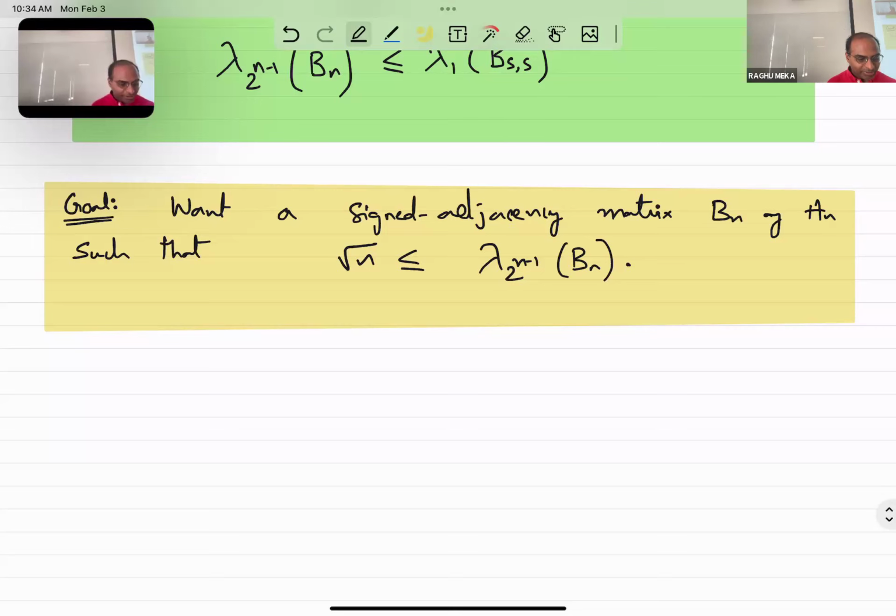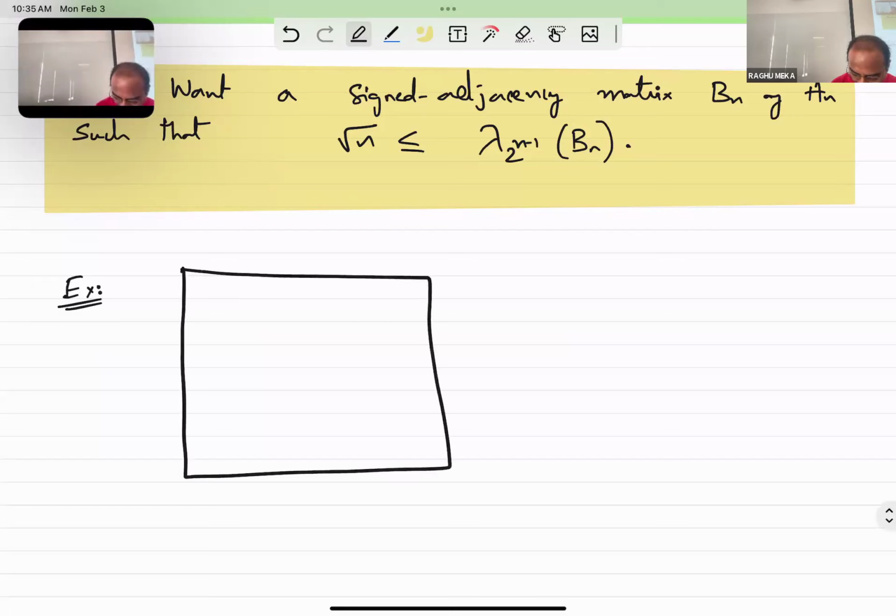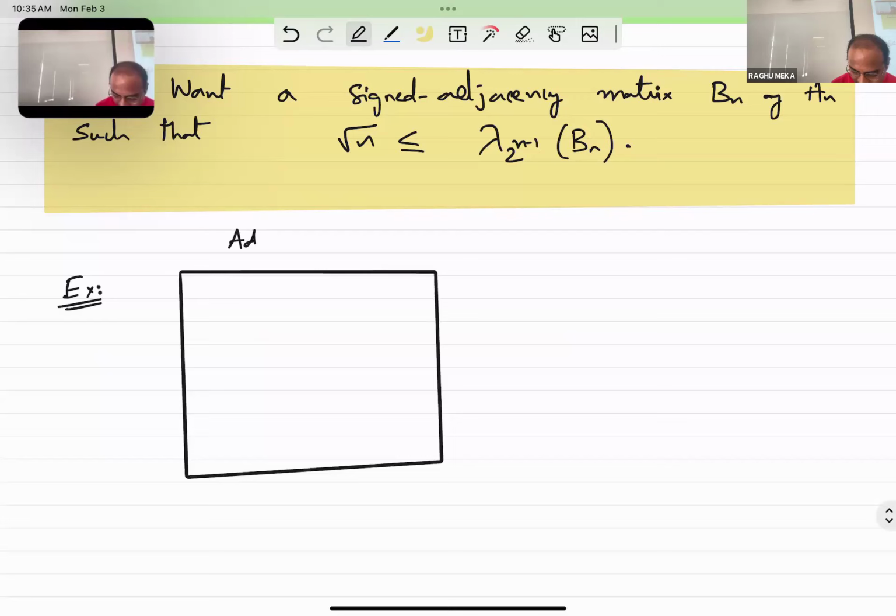Let's do maybe a couple of examples. One very near example is, let me look at what happens if I just take no signing, but just the adjacency matrix. The actual adjacency matrix, nothing too fancy.